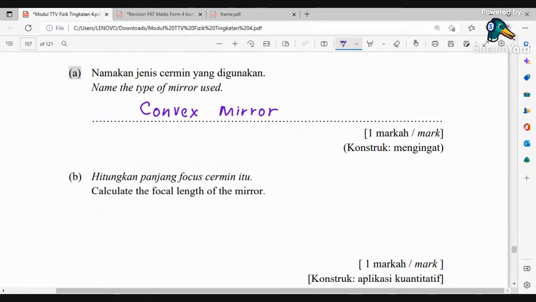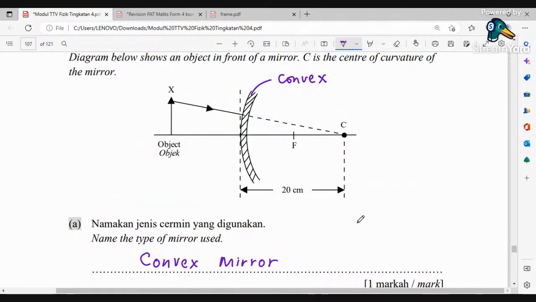Calculate focal length of the mirror. Okay, nampak tak sini? From center of the mirror to the C ialah 20 cm. We know already C ialah 2F.